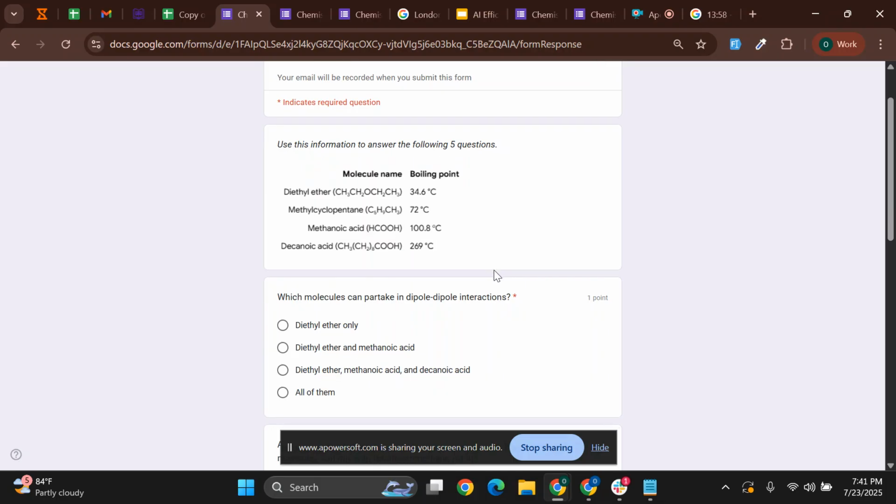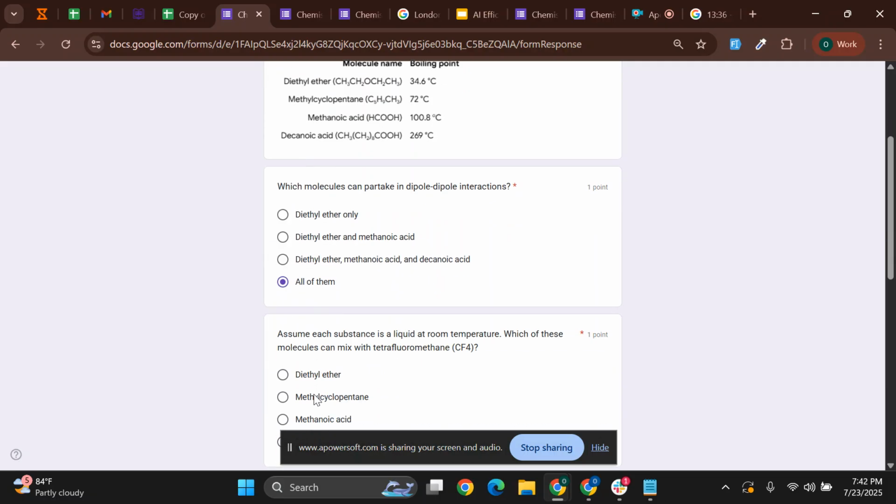Which molecule can partake in dipole interactions? Dimethyl ether only, dimethyl ether and methanoic acid, dimethyl ether, methanoic acid, and decane. Oh, I don't know. I will make a random guess.